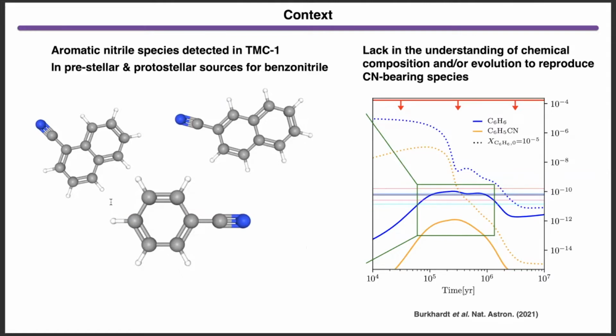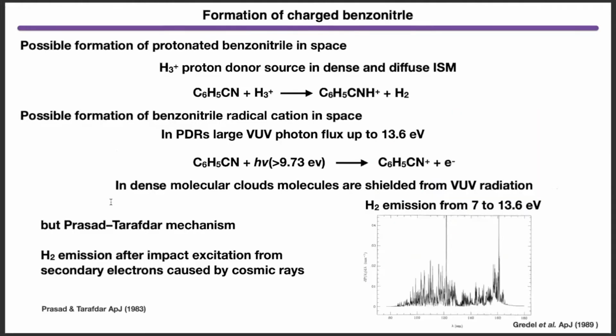But if you look, for instance, at one of the last modeling efforts, trying to compare the abundance of benzonitrile derived from the observation compared to astrochemical model, there's still a few orders of magnitude off. So there's clearly a lack of understanding of the chemical composition and reaction network that can produce those cyano-bearing species.